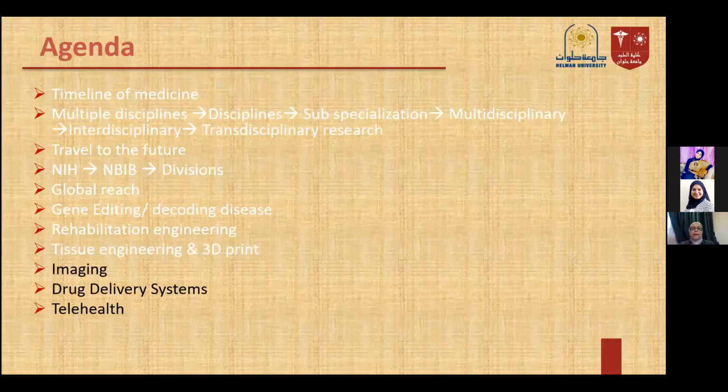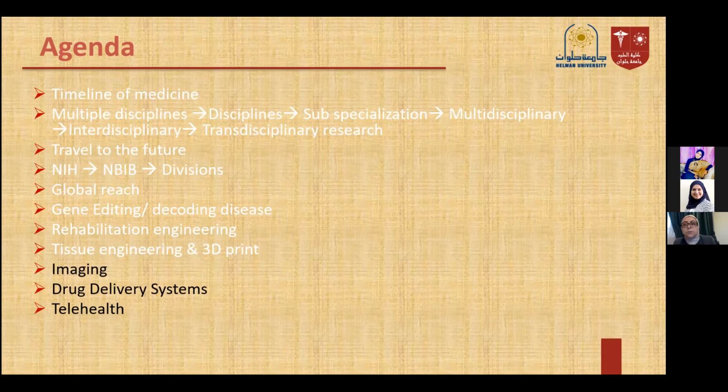So to go backwards, what have we taken from this presentation? We discussed the timeline of medicine from multiple disciplines to specialization to subspecialization, and then the team works through multidisciplinary research in the past decade. And now we come to the era of interdisciplinary and transdisciplinary research.